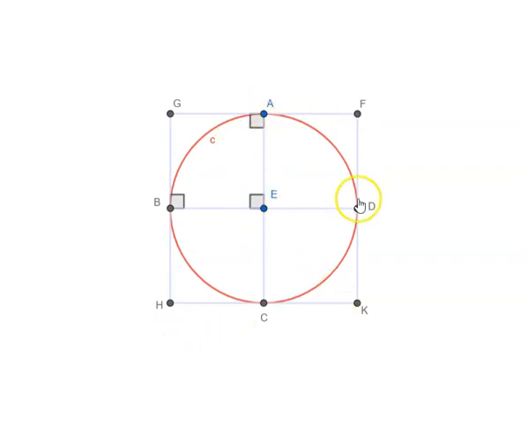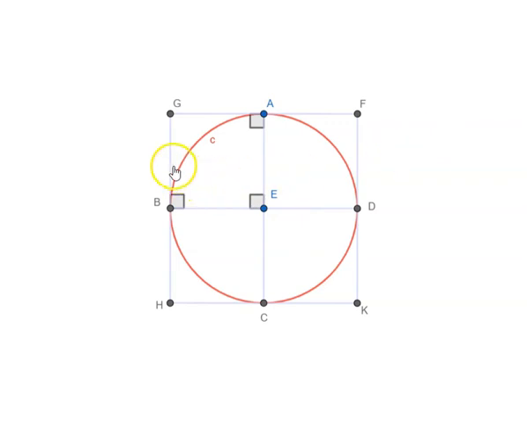Similarly, these two lines are parallel. And since GF and HK are parallel to BD, that means they are parallel to each other. Now, again, whether you look at it from GF or BD point of view, or whether we look at AC point of view, we end up with the statement that each of these is a parallelogram, in which case all the opposite sides are equal.